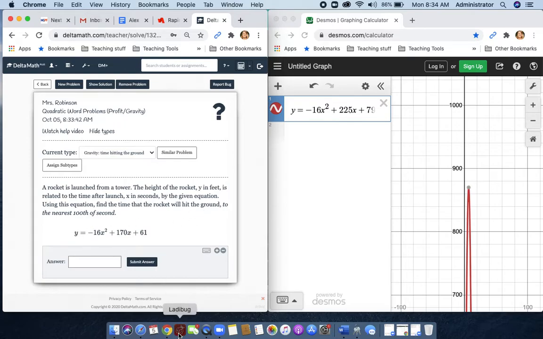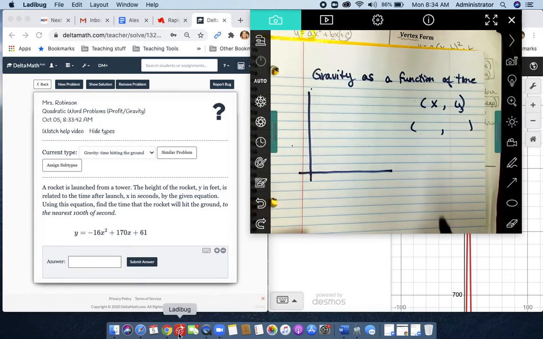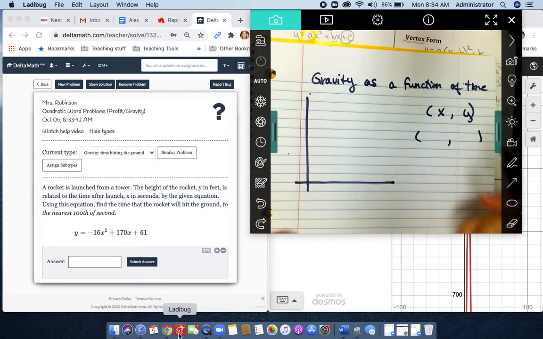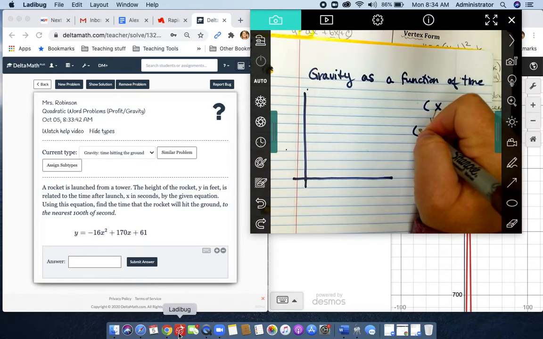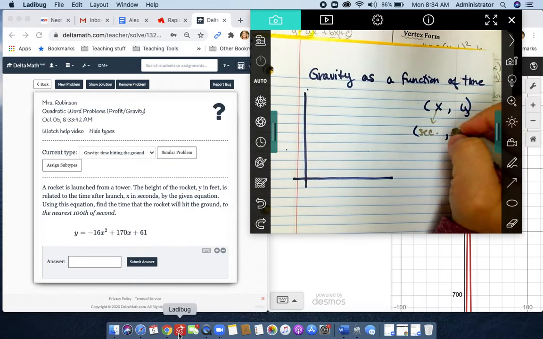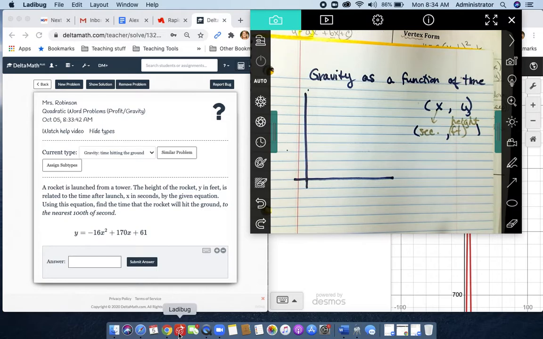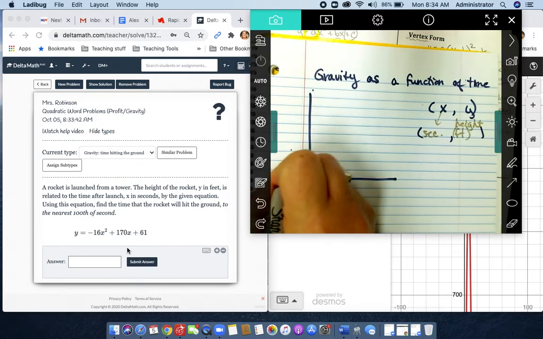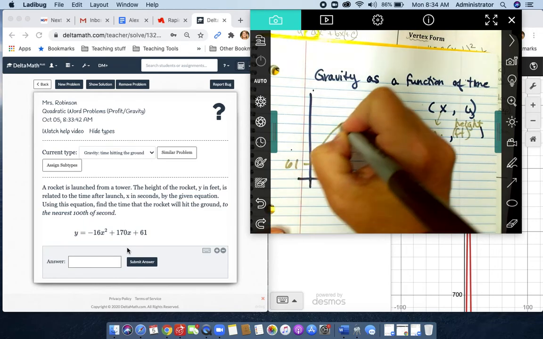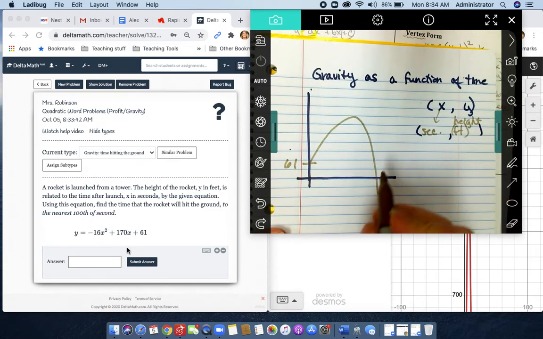So back to my notebook. Gravity as a function of time. Again, they're telling us that x is in seconds and y is height in feet. All right, so what do we know? We know the parabola opens down because our a value is negative, and that the initial height of the rocket is here at 61 feet, and we would expect the rocket to go up and come back and hit the ground.